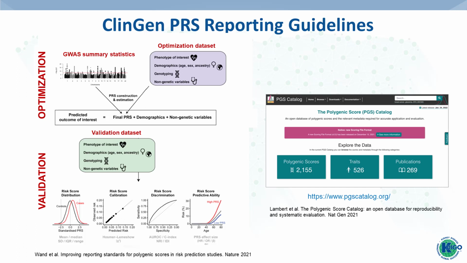So this is a resource, and last time I checked, there were over 2,000 risk scores that are present in the resource for over 500 traits, covering over 200 publications. So this resource is evolving rapidly, and new risk scores are actually being added weekly to this catalog.